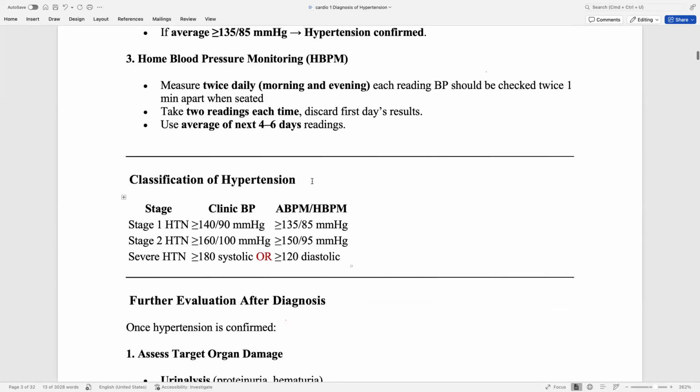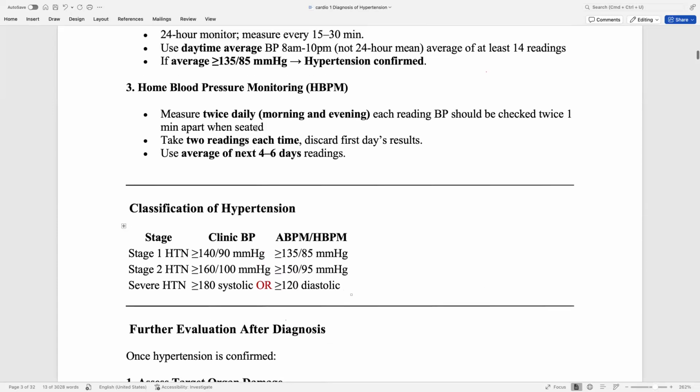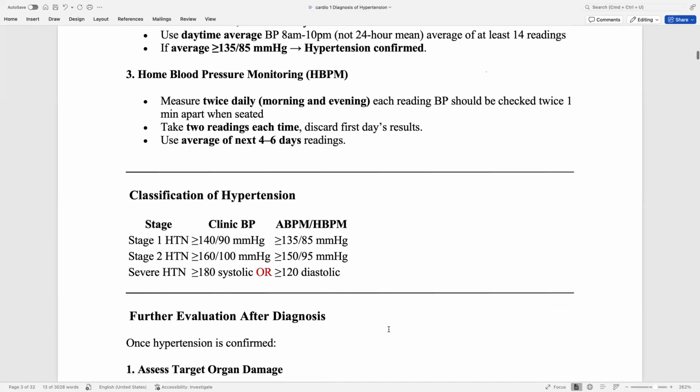If the patient is diagnosed as hypertension, we said 135 over 85 is diagnostic. But there are levels. How high is it? How far above the 135 or 85? So for ambulatory or home monitoring, there is stage 1, stage 2, and stage 3.